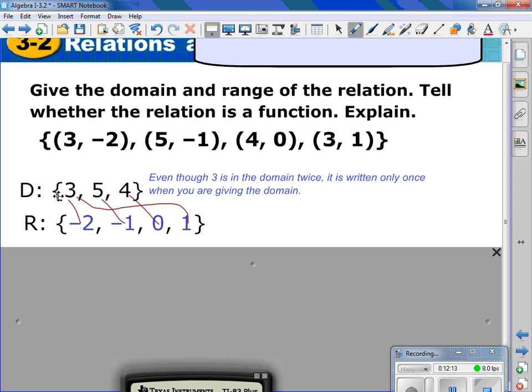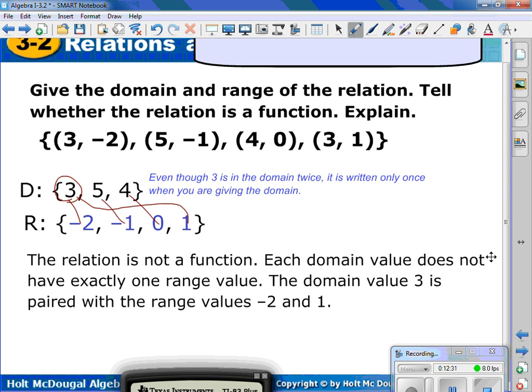How could third period I be in room -2 and room 1? I know it doesn't make sense to say room -2. But could I be in two places at once? No, because 3 goes to two different places. This relation is not a function. Each domain value does not have exactly one range.